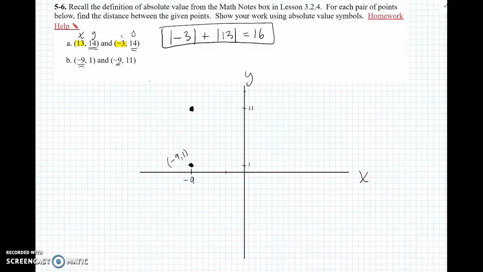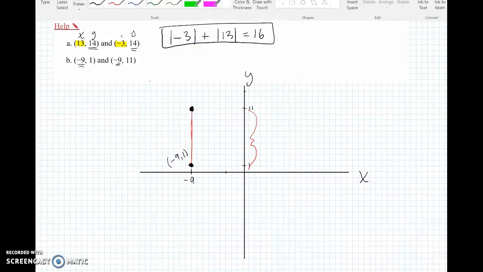If I'm finding this distance now, I am thinking, well, this up here, this is 11. To get from 0 up here, what is the distance from 0 that this is?